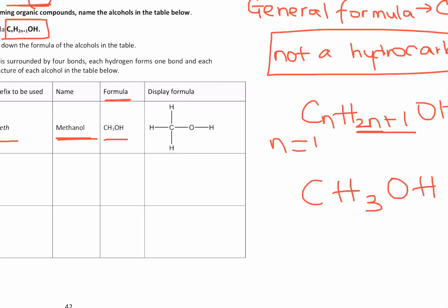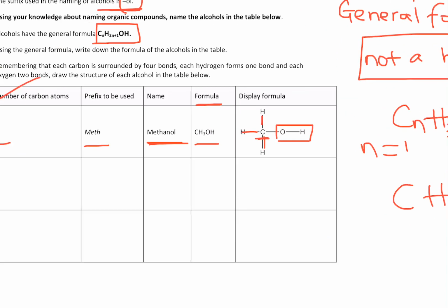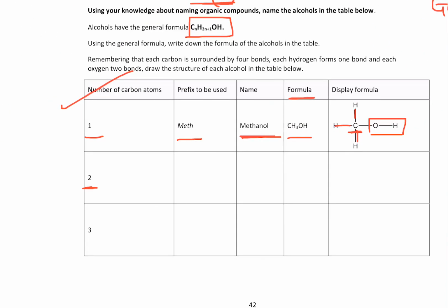So this is the formula CH3OH. And for the displayed formula, you'll start with a C, fill in the 3 H's, and then OH, which is the functional group.